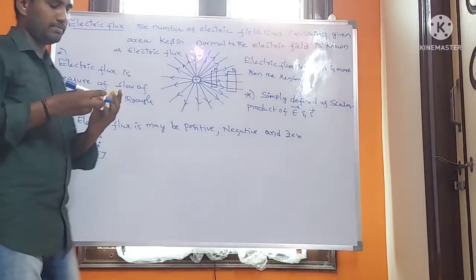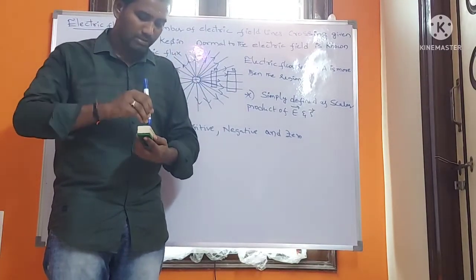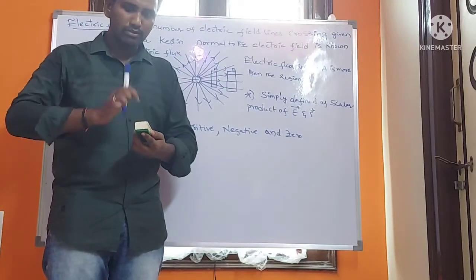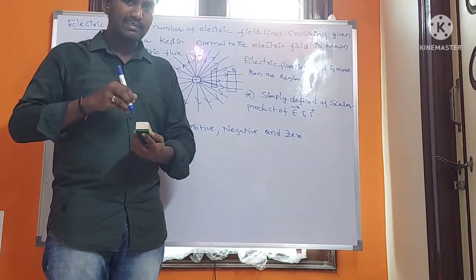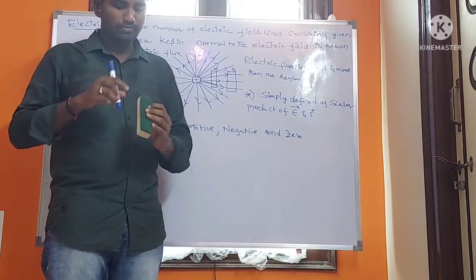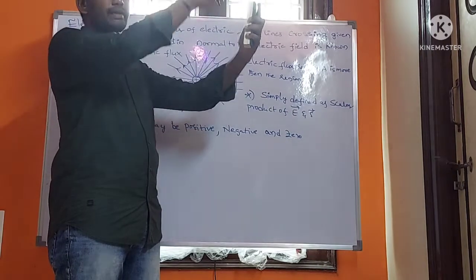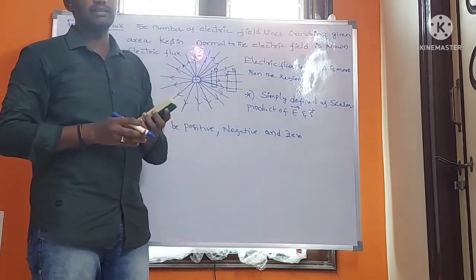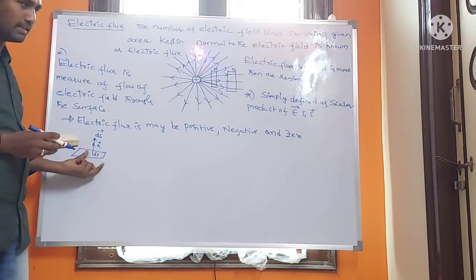Because this is a surface, both magnitude and direction are there. So area is treated as a vector quantity.